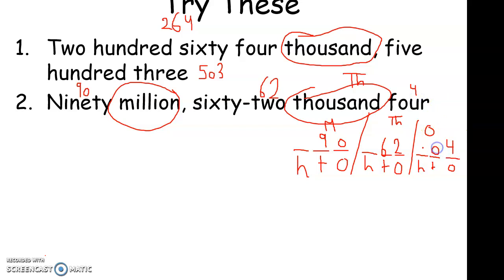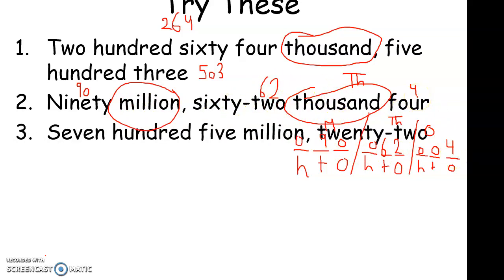The empty spaces, fill them all with what? With zeros. Okay. So let's read it again. 90 million, correct. 62,000, and here it's 4, correct. Okay. Now, let's erase.